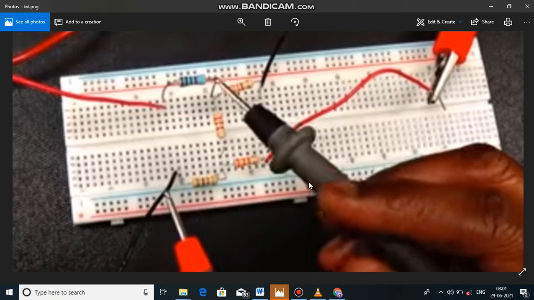These are the two terminals of the multimeter. If you place a multimeter across any resistor and set it to voltage, it will show the drop across that particular resistor. You can either use this or use the voltmeter for measuring the voltage drop across it.